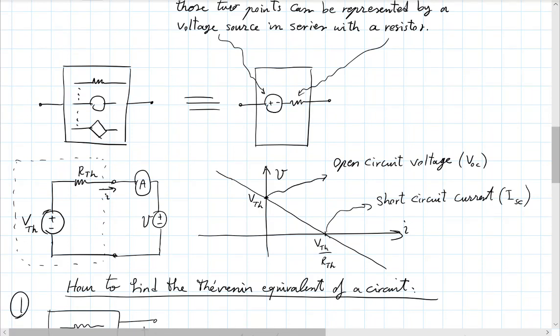How will this line change? V Thevenin will be the 2 volts. If you just put a voltmeter there, you will just measure the 2 volts. This line will be flat. It will be, right? There will be no slope.